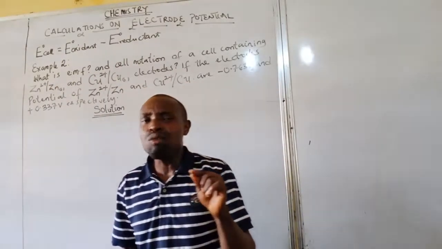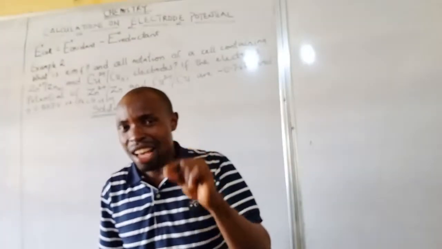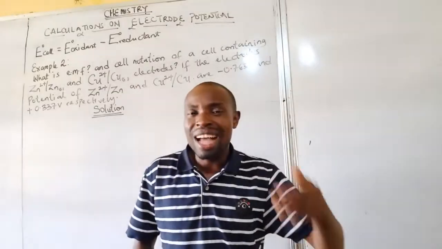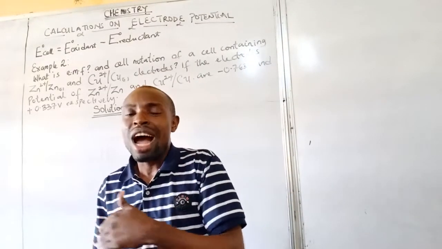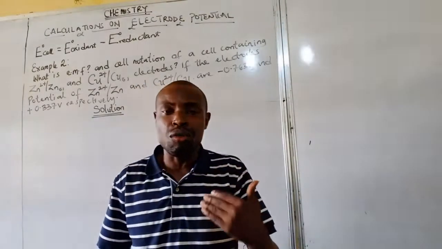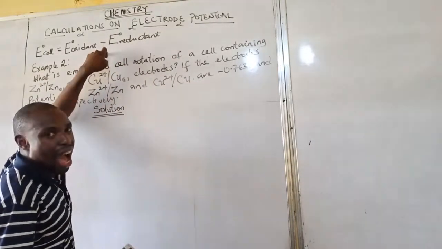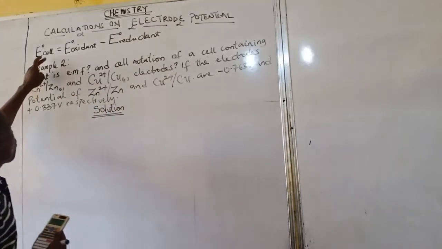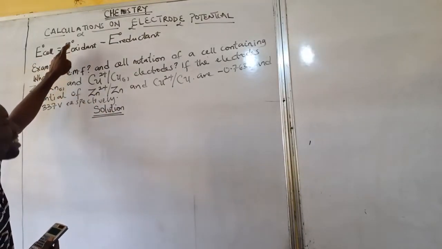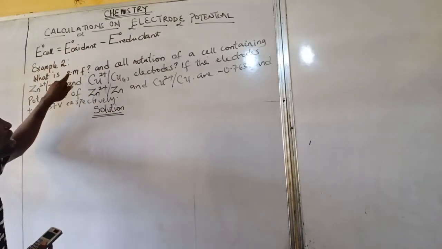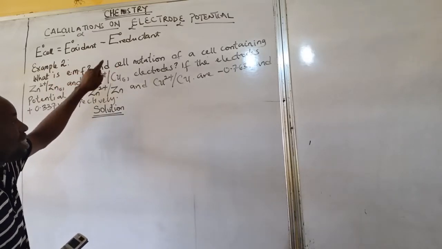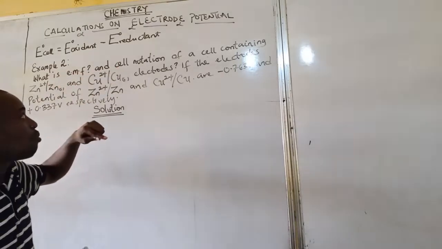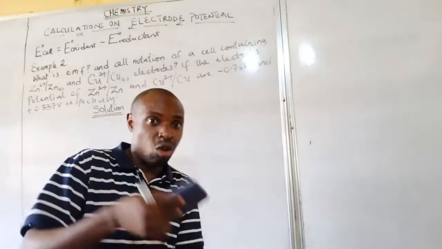But you should understand when we say that a reaction is feasible and when it is not feasible, and know when to make use of this formula and when to make use of the opposite, which is the standard electrode potential of the reductant minus the standard electrode potential of the oxidant. See, I've turned it now.